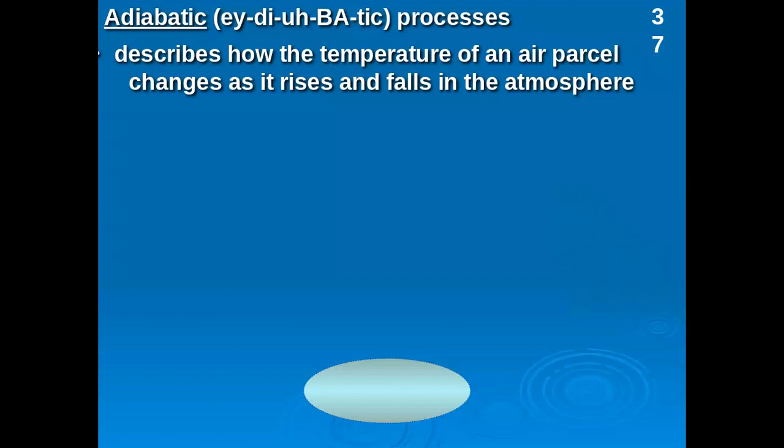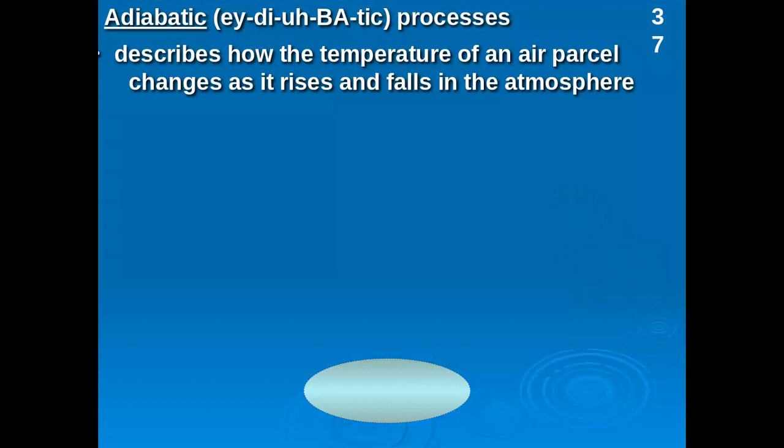But when you look at that boiling pot of water, in your mind, slow down the bubbles really, really slow. You begin to get these bubbles that rise up really slow and sink really slow. And that's actually what takes place in our atmosphere, but not water, in this case, air.